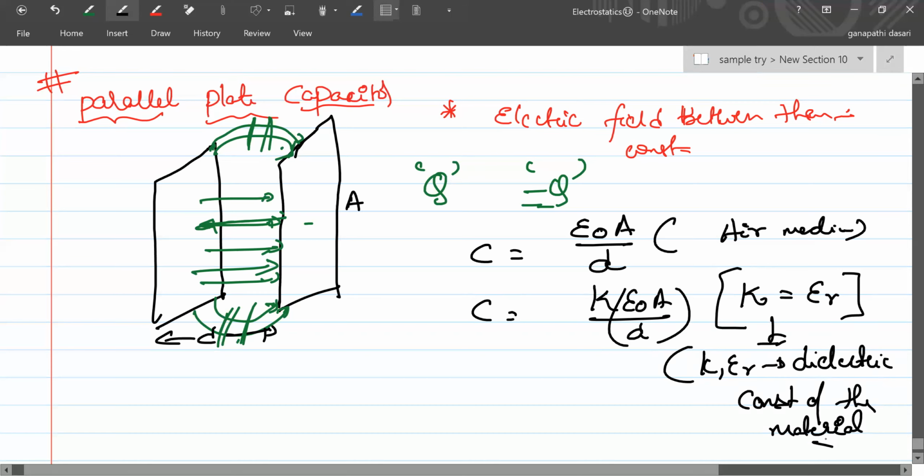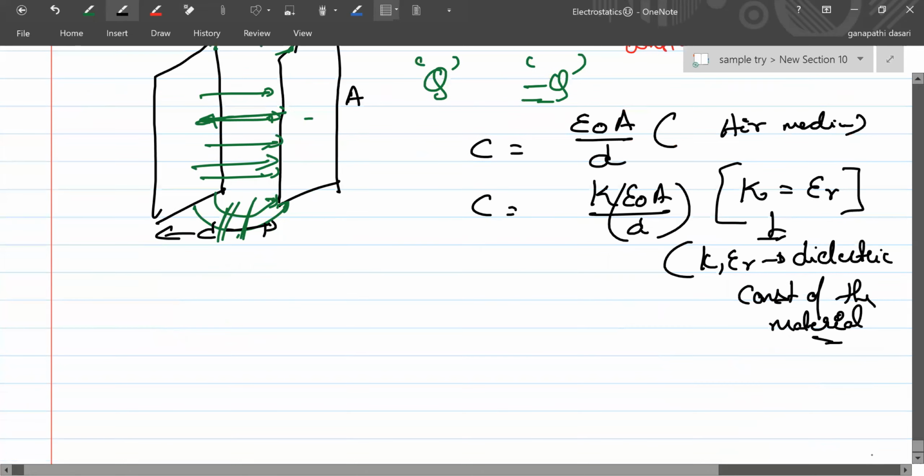The note point is that the electric field should be constant between them.